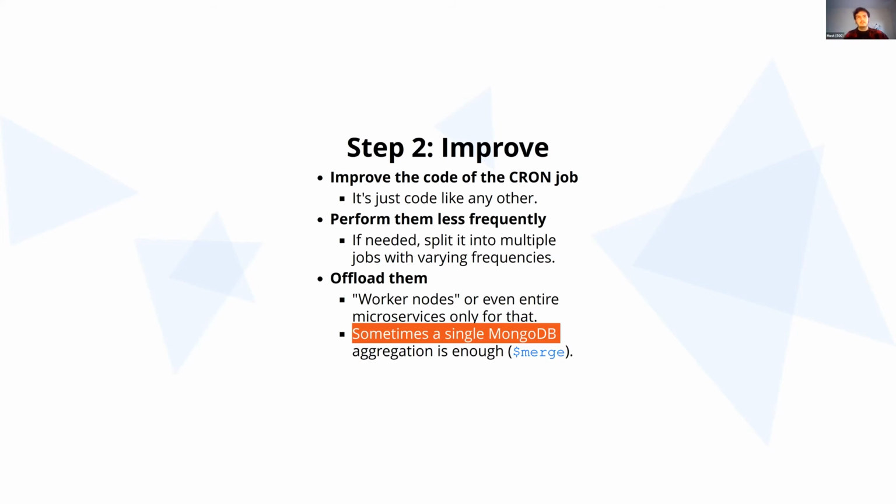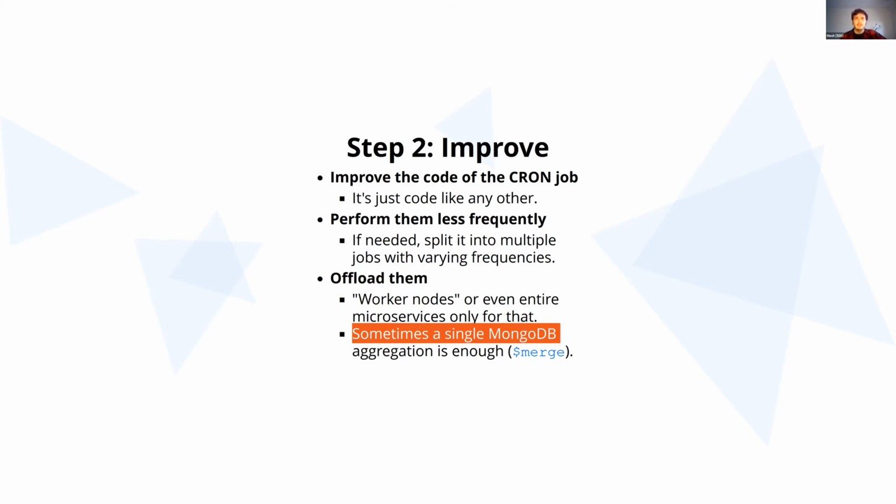But after MongoDB implemented the merge aggregation phase, we were actually able to replace, I think, 500 lines of JavaScript code with a single MongoDB aggregation. Okay, I know this aggregation is extremely complex. It took, I think, 20 hours to implement, but the load on the server side is basically non-existent, because the server is not doing anything.